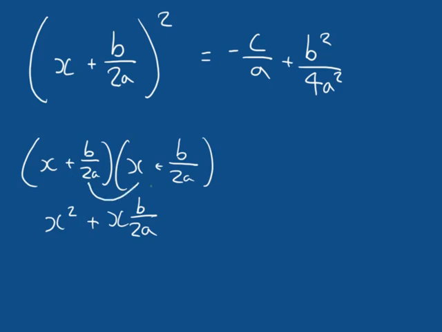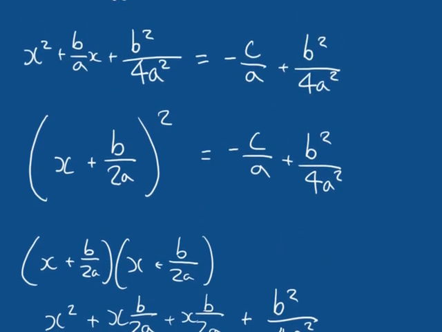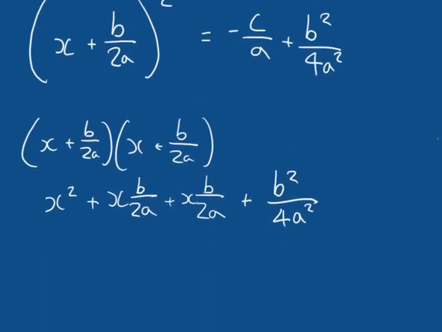Then we need to multiply b over 2a by x, so that's plus another x times b over 2a. And then finally, we need to multiply these together: b over 2a times b over 2a. That's going to be b squared over 2 times 2 is 4, a times a is a squared. So b squared over 4a squared. Notice we are getting close there.